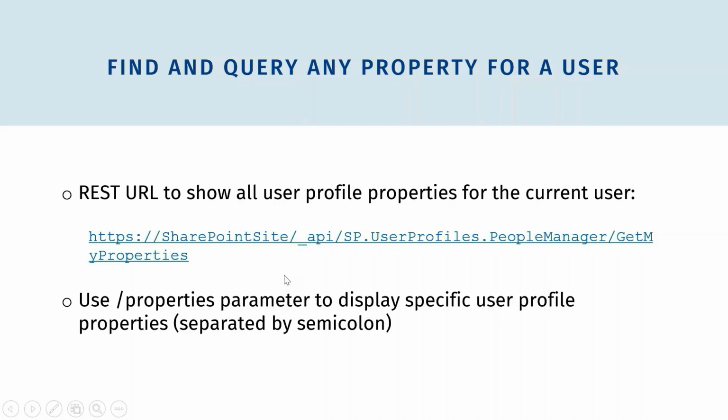And there's a button there that allows you to get all properties, and you can instantly get all the user profile properties in your tenant site by just using that form. And I'm going to show you that in a second.